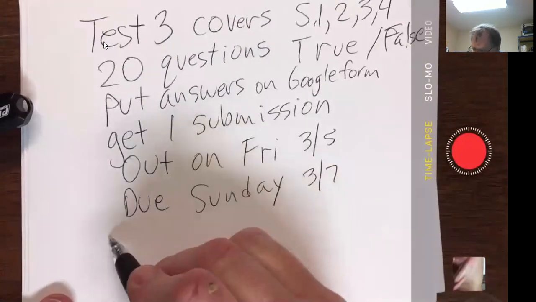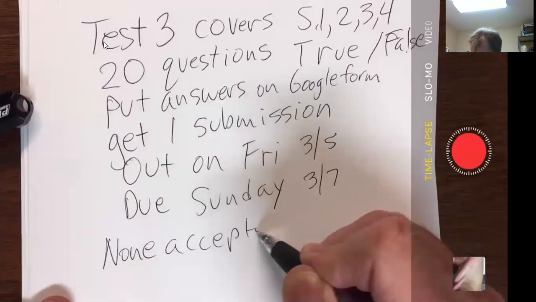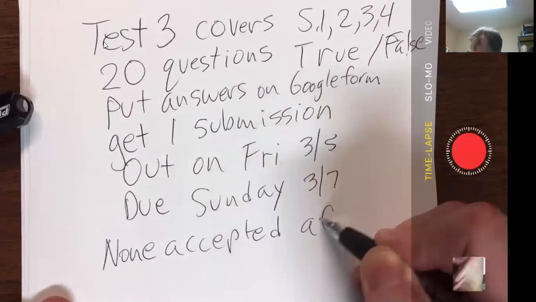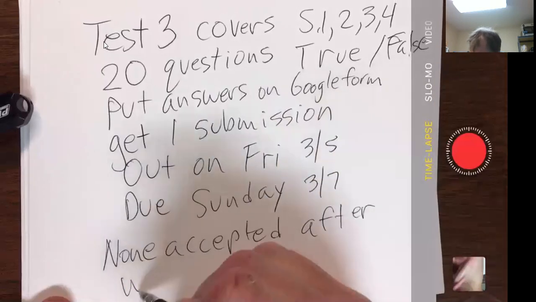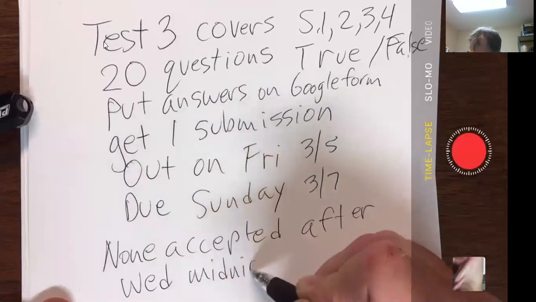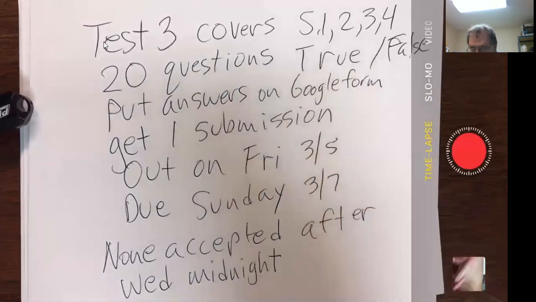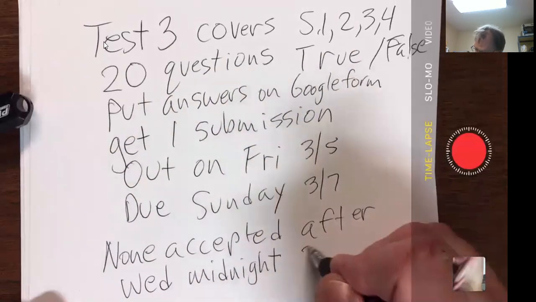But none will be accepted after Wednesday midnight. Try to keep the same system, keep the confusion down. What would 8, 9, 10 be? That'd be 3/10.